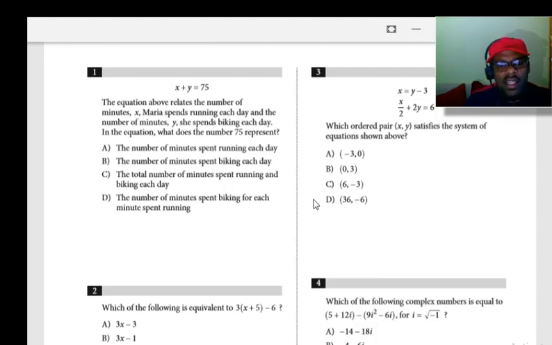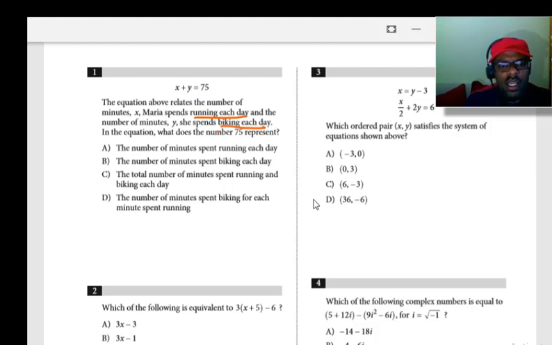The equation above relates the number of minutes X Maria spent running each day and the number of minutes Y she spends biking each day. So we have two scenarios here: biking each day and running each day. So in the equation, what does the number 75 represent?